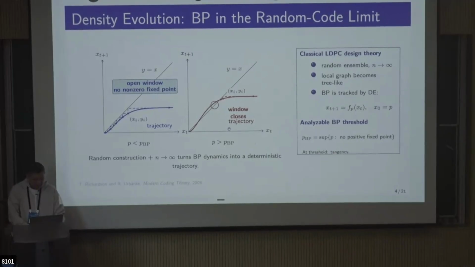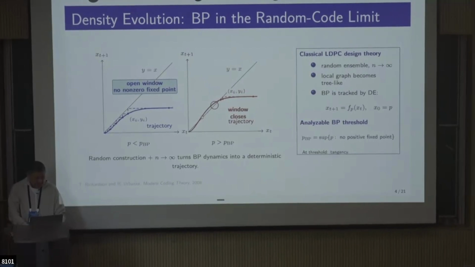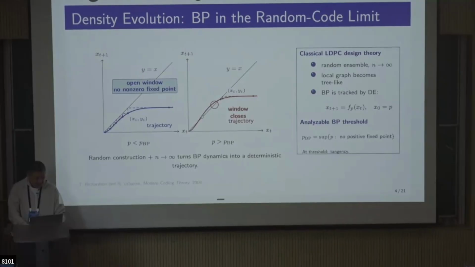Thus, the BP threshold is the boundary where BP changes from convergence to zero to non-convergence. At the threshold, the curve touches the diagonal by tangency. So this geometric picture turns a decoding question into a fixed point question for LDPC code ensembles.